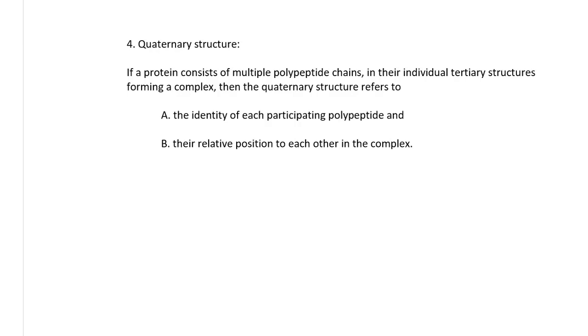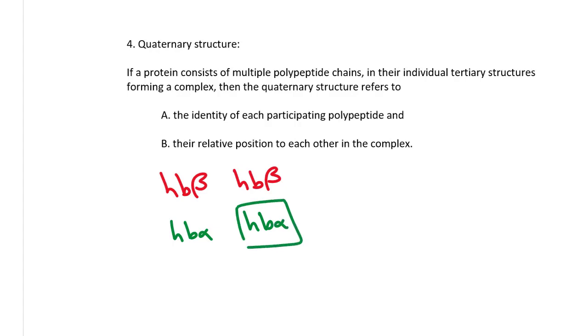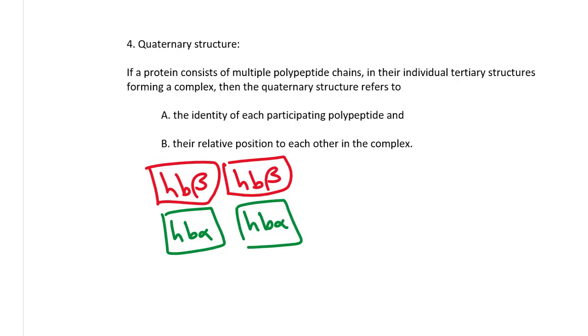An example of this is the hemoglobin protein. It's an example used frequently where you have two HB beta subunits and two HB alpha subunits. And these are attached to each other through weak interactions, and this forms the hemoglobin protein.